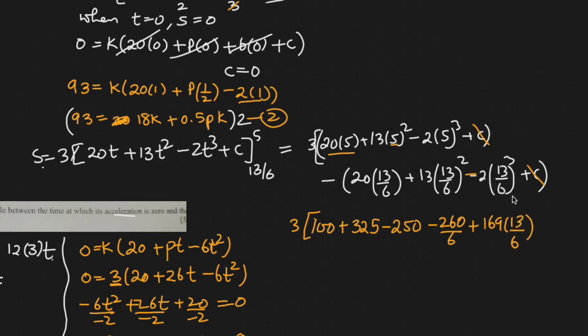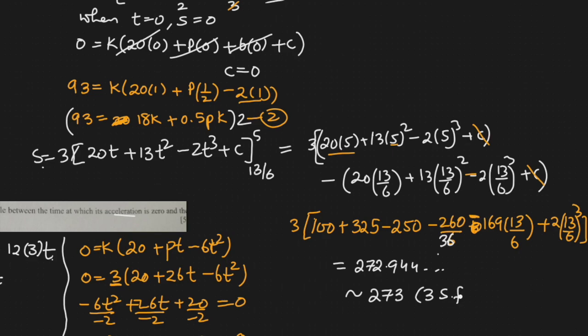Oh, and then 13 cube, it will become positive, and this was negative, sorry. This was negative, this is positive. And 2 times 13 cube, I'll put this in my calculator. Okay. One mistake I made was that it should be 36, not 6, because 6 is also squared. And it comes out to be 272.9444, which will be almost 273 if we round it off to 3 significant figures.